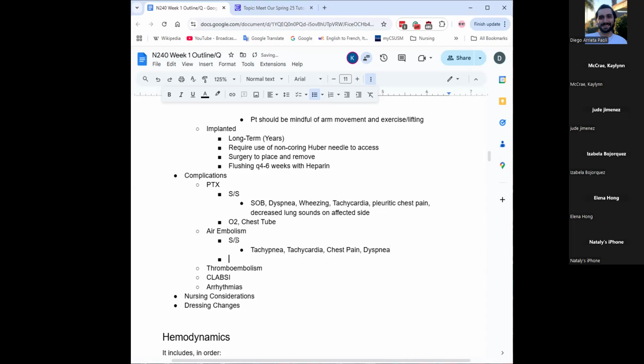Your intervention is to place the patient on their left side in Trendelenburg. The point is that if there's an air embolism, it traps the air in place so it doesn't move somewhere else until it goes away.